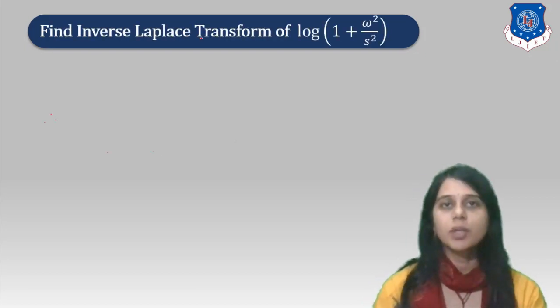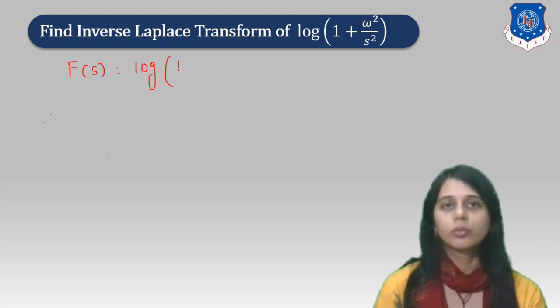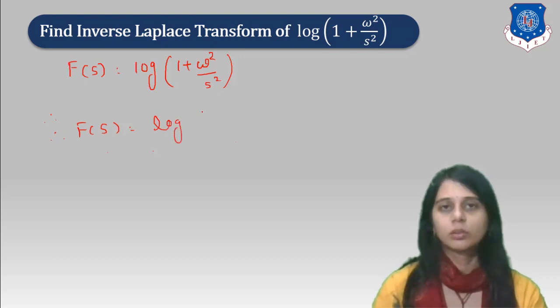Find the inverse Laplace transform of log of 1 plus omega square upon s square. First of all, take F of s equal to log of 1 plus omega square upon s square.